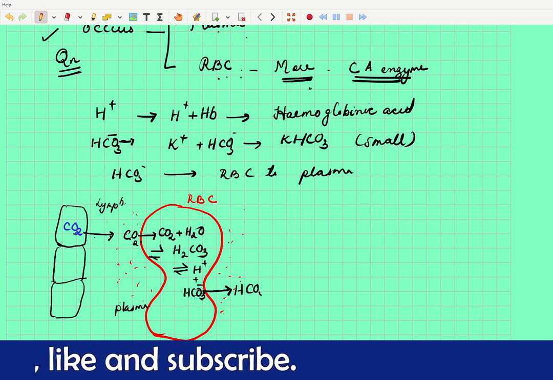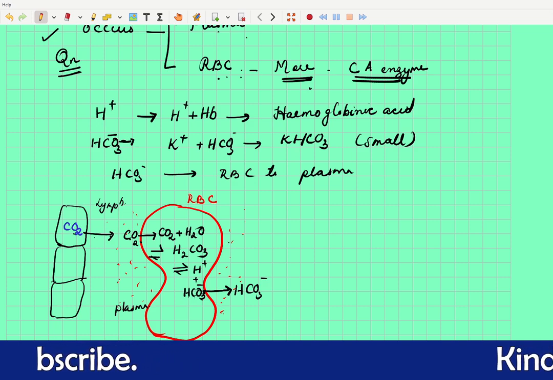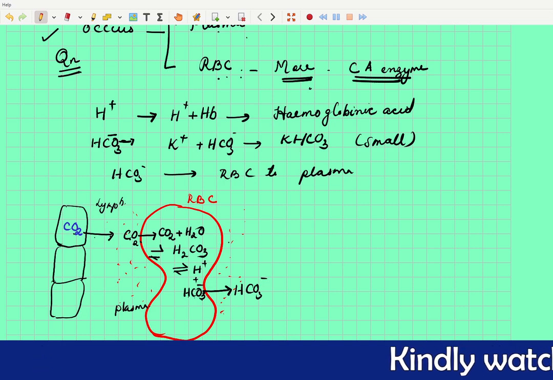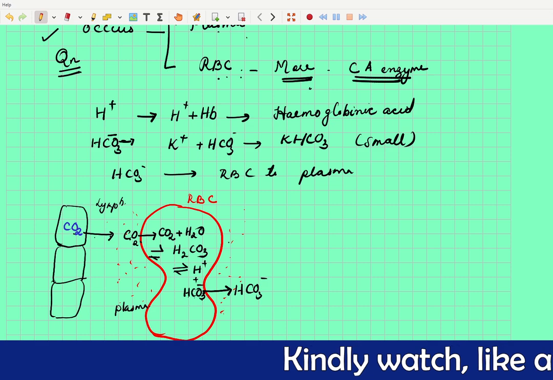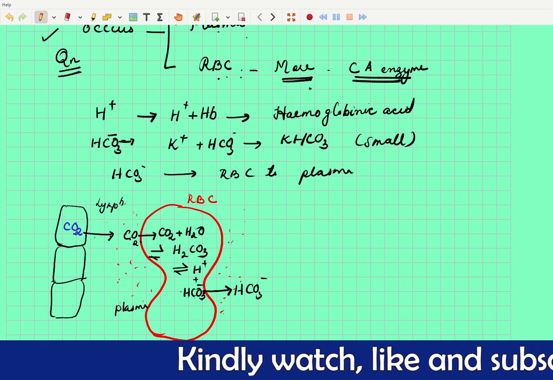So more and more of these negative ions are going out from the RBC to the plasma. What happens? There are more negative ions outside, and inside the RBC there are fewer negative ions.